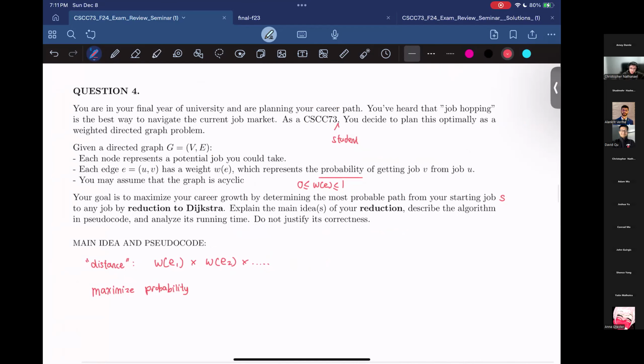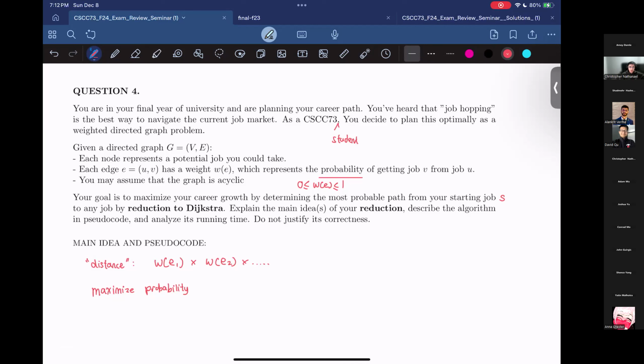I'll give you guys 4 minutes to think about it first. So this needs to be solved by reduction to Dijkstra. Think of how you would construct a new graph with potentially more nodes, potentially more edges, potentially new weights.